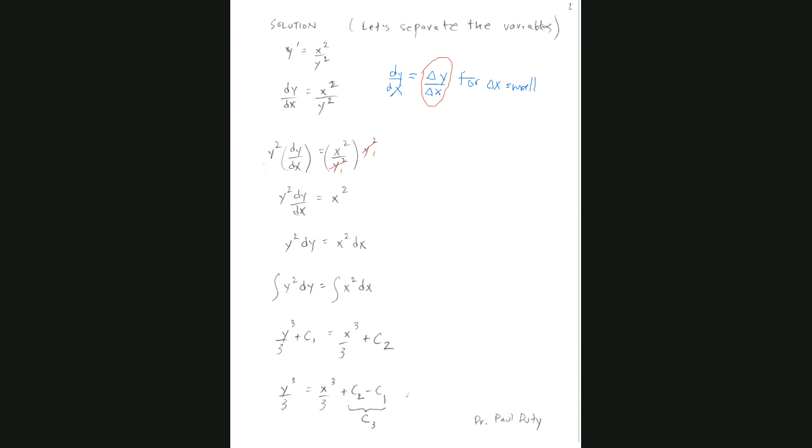And incidentally, just so you know, we're assuming that y can't equal 0, because if dy dx is equal to x squared over y squared, y can't equal 0. So okay, now we have y squared dy dx equals x squared.